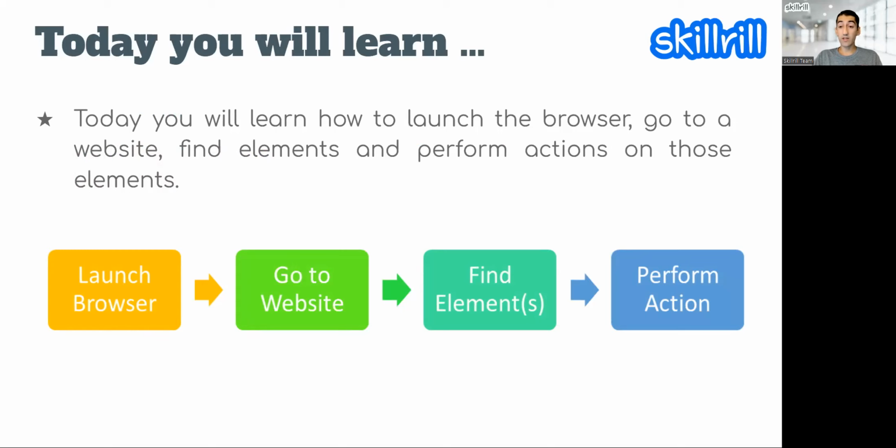Because you're trying to automatically perform tasks. You don't think about it when you're doing it manually. You just say, okay, I see this login button, let me click on it. But when you're doing it automatically, now you have to write a script that finds that element first, and then performs that click action. So that's what we're going to try to accomplish.